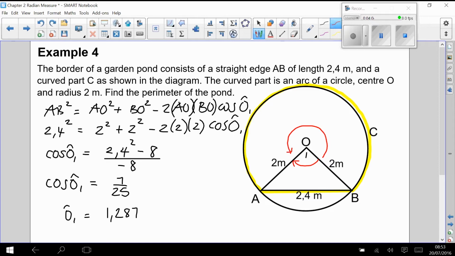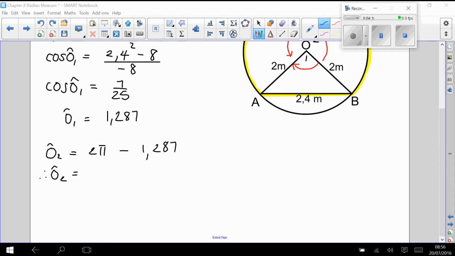Well, we know that a full revolution is 2 pi, and so if I take 2 pi and I minus angle O1, I'm going to get angle O2. So O2 we have found is going to be the angle measured in radians of 4,996.